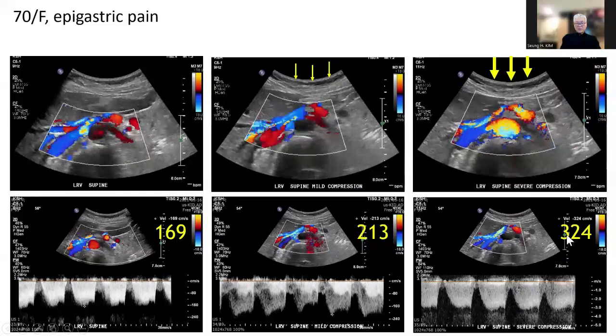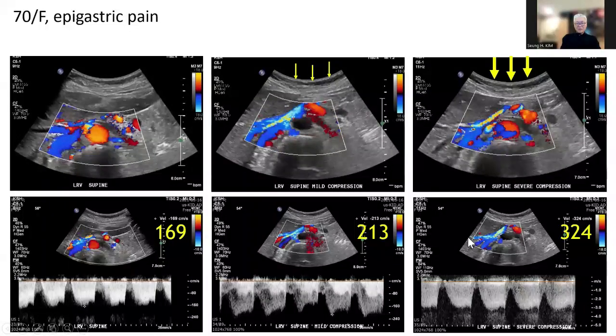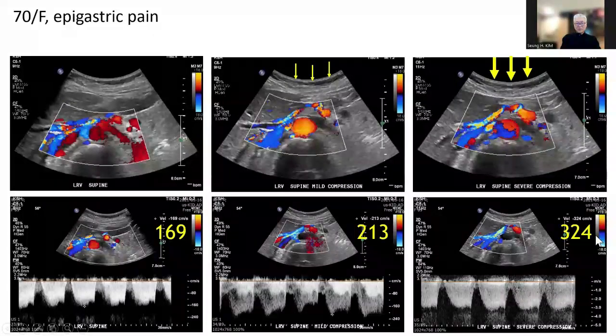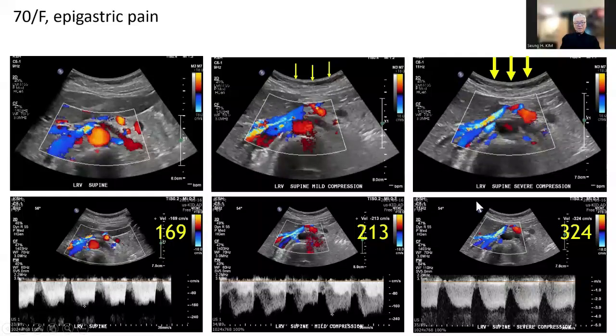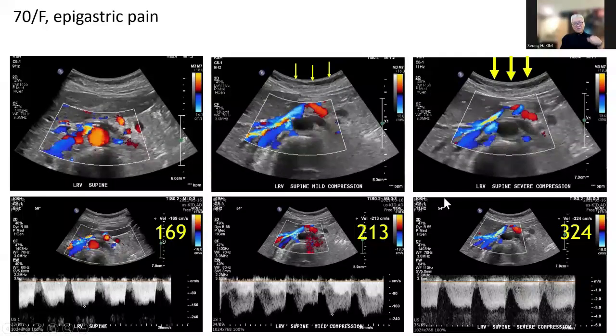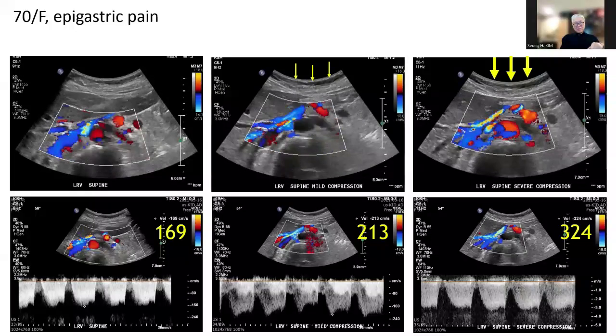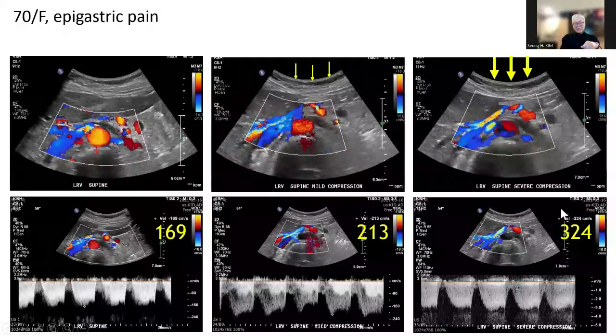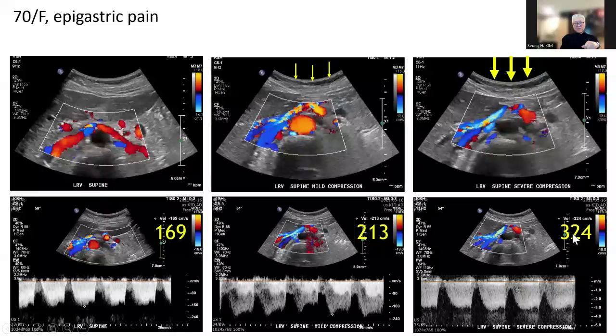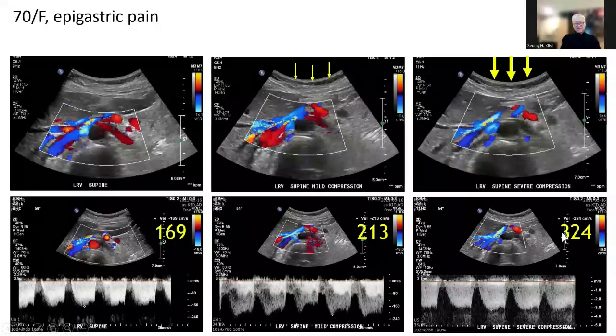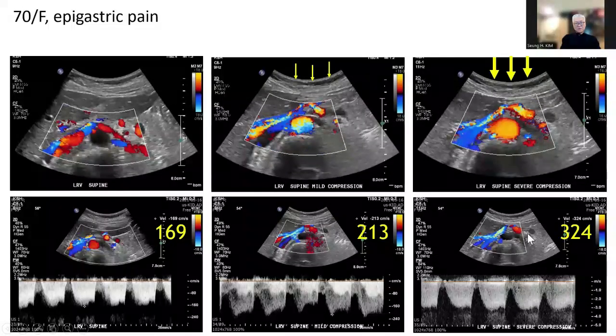So it's a big difference between no compression and strong compression. We should keep in mind that if we apply transducer compression to see the images better, then the degree of compression becomes artificially stronger.